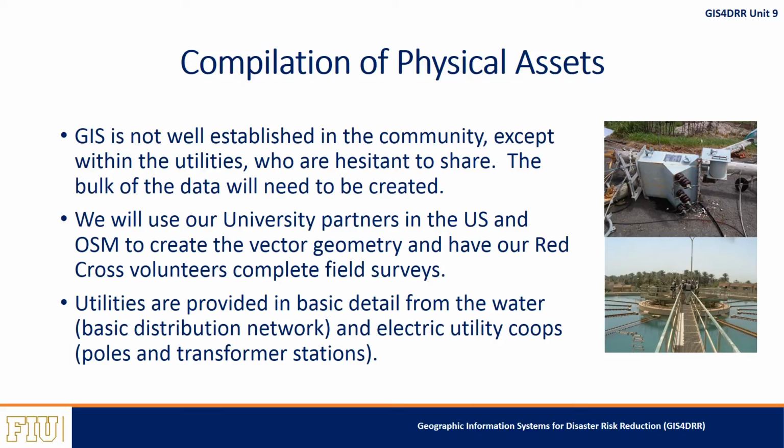So for the compilation of physical assets, in Solfatera, GIS is not well established, except the utility companies, and they feel very proprietary about their data, so they're not willing to share all of it, but they may share some. We'll use university partners in the U.S. and OpenStreetMap to create vector geometry and have our Red Cross volunteers do the field surveys to complete the attributes.